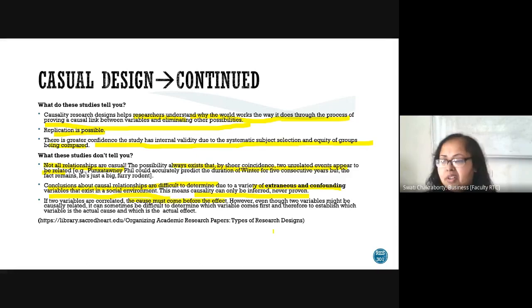Cause must come before the effect. But even though two variables might be causally related, sometimes it becomes difficult to determine which variable comes first, and therefore it's very difficult to establish which variable is the actual cause and which is the actual effect.